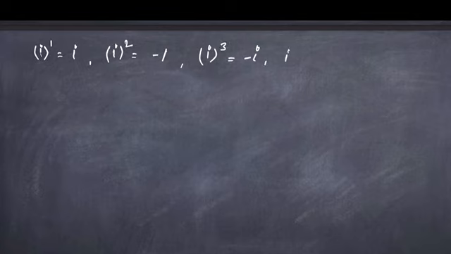Iota to the power 2, which is iota square, equals minus 1. Iota to the power 3 equals minus iota, iota to the power 4 equals 1, and iota to the power 5 equals again iota.